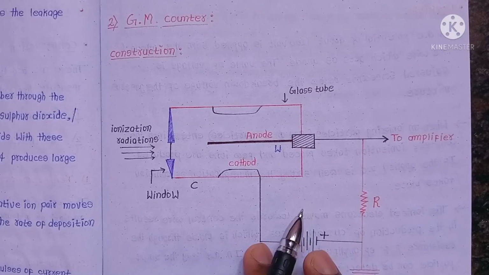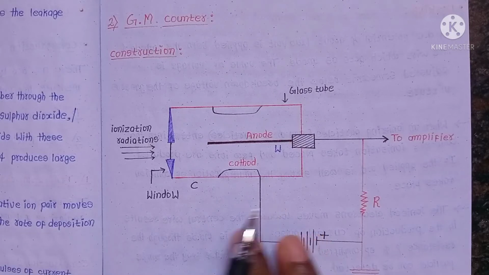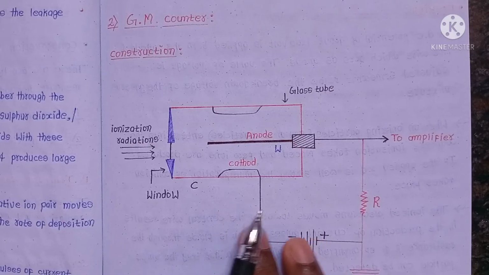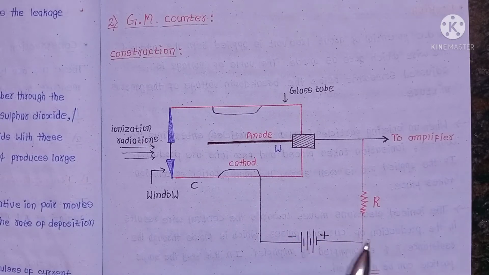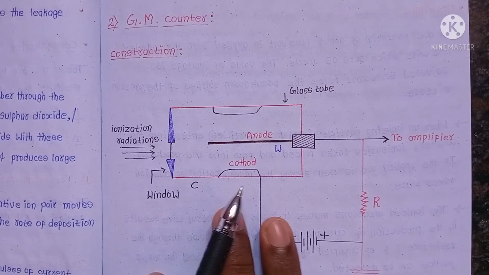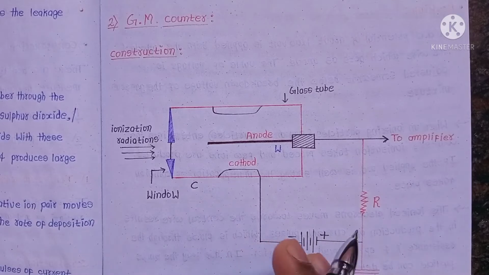Sometimes it is used for alpha, but it is not used for the detection of neutrons because these are very less energetic particles. Now let's discuss the construction of this GM counter.